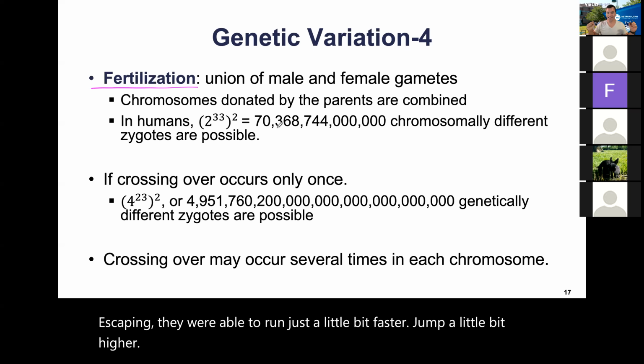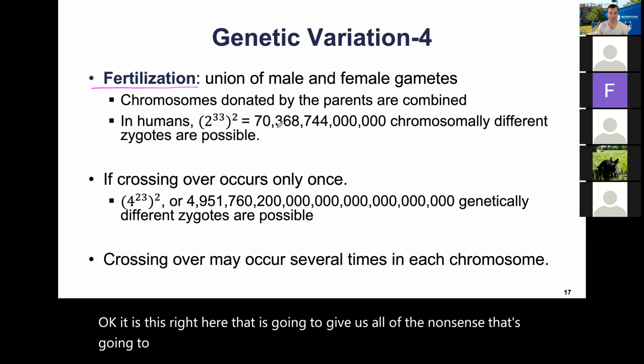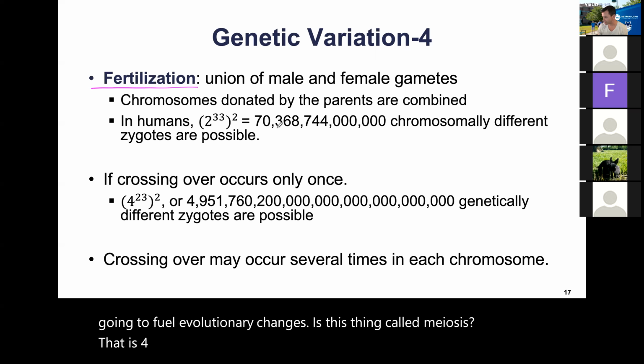Okay. It is this right here that is going to give us all of the nonsense that's going to fuel evolutionary changes, is this thing called meiosis. That is 4 octillion, 951 septillion, 760 sextillion, 200 quintillion different zygotes possible.